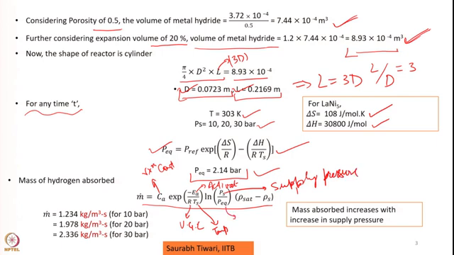P equilibrium we have already calculated from the above equation. Rho saturation is the density of metal hydride at saturated level, and rho S is the density of metal hydride at a particular time t.